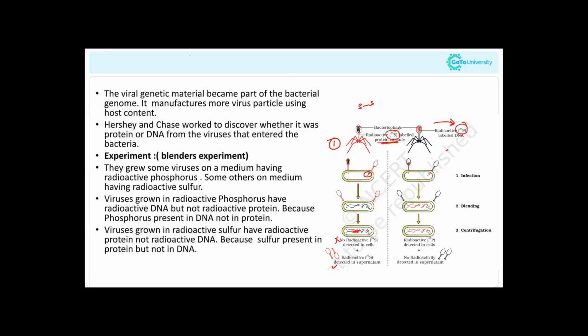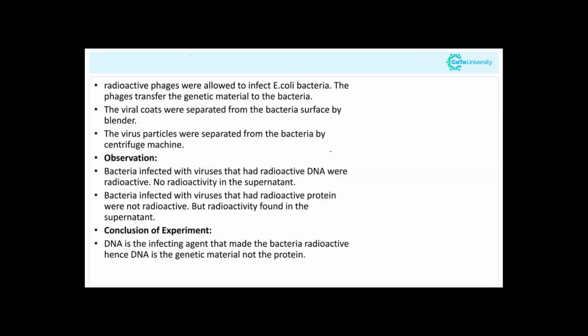Now, in the second test, when they infected the bacteria with the radioactive phosphorus, they found that the radioactive phosphorus is detected inside the cell. That means they concluded DNA is the genetic material. So bacteria infected with the viruses that had radioactive DNA were radioactive, with no radioactivity in the supernatant.